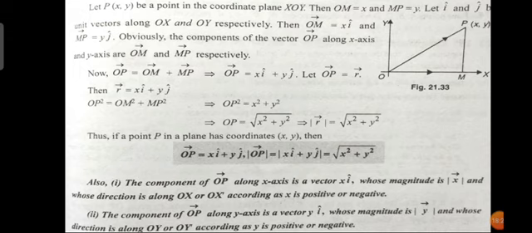And next is the distance. How will you find the distance? That means the component. The proof is given, just go through that. The component of vector OP along the x-axis is a vector x I, whose magnitude is the modulus of x and whose direction is along OX or OX dash according as x is positive or negative.